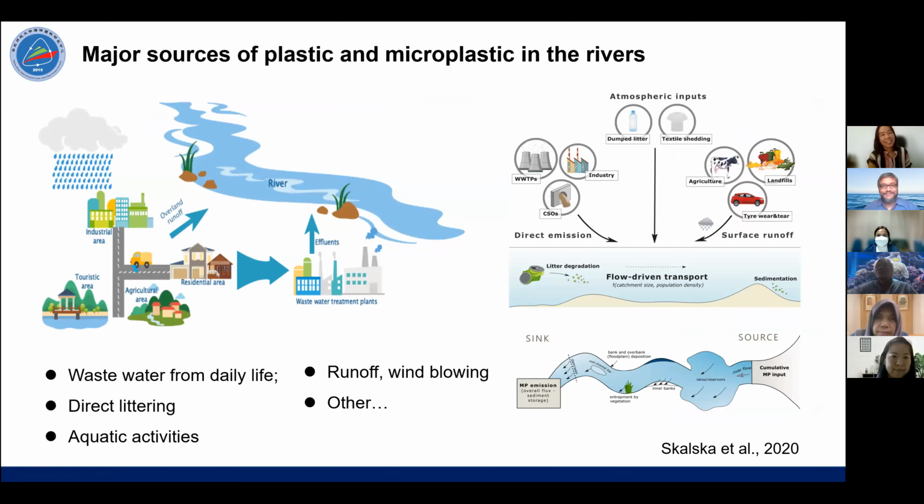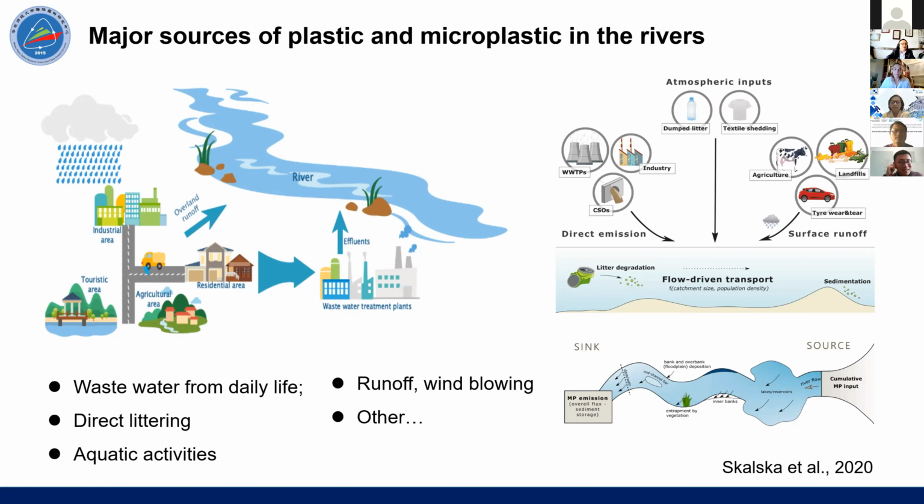Major sources of plastic in rivers are land-based activities, such as wastewater, direct litter, or other plastic waste close to the river banks, which were transported to the river by physical processes such as runoff and wind.